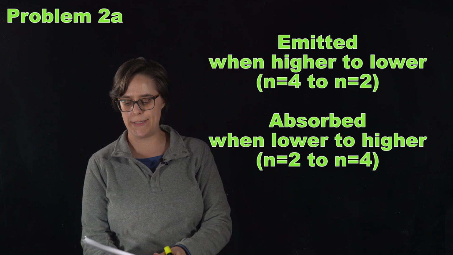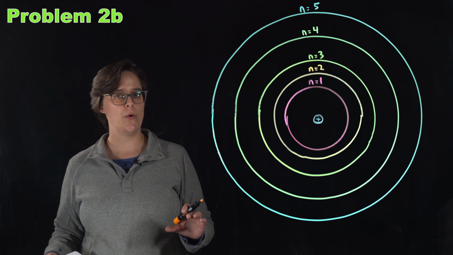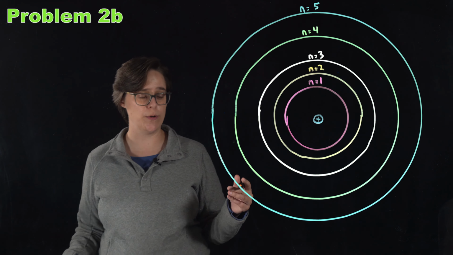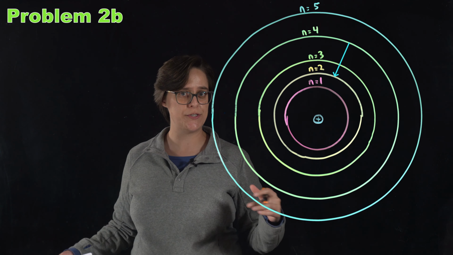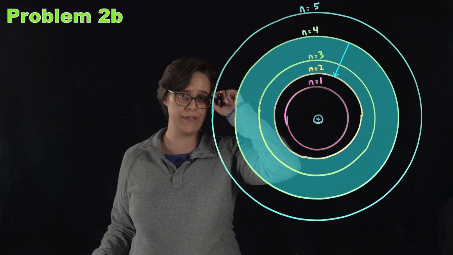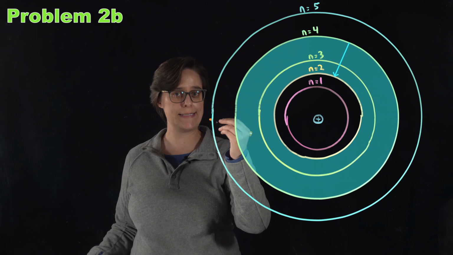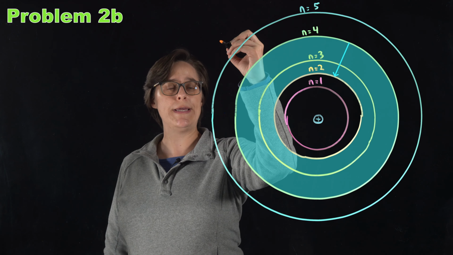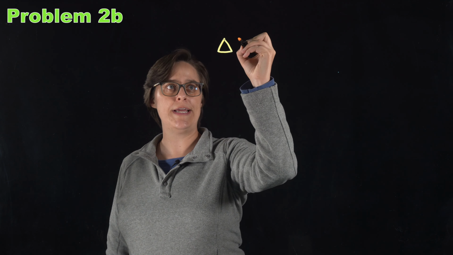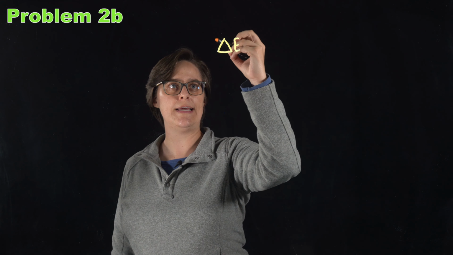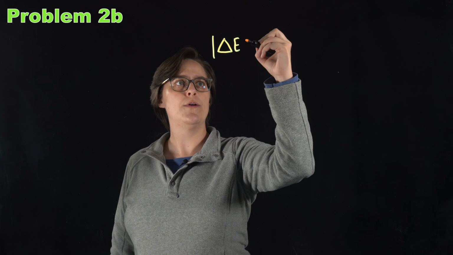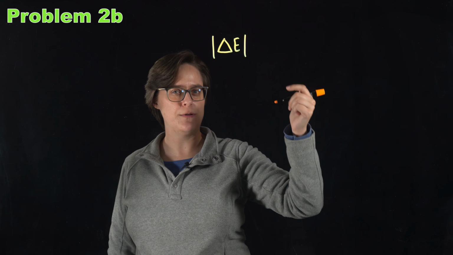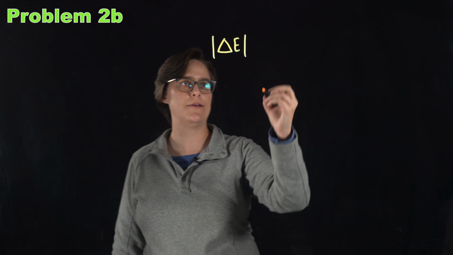So question B, a lot of times what we care about isn't the energy level of any one specific orbit, but the transition or the difference between 2 energy levels, because that is equal to the energy of the photon that's absorbed or emitted. So what we care about here is the change in energy, delta E. Now, photon wavelengths and things along those lines are always going to be positive, so I'm taking the absolute value.